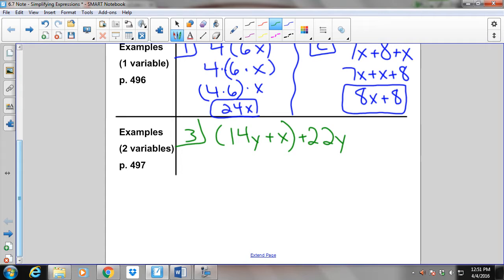Look at it. So we've got these 14y plus x, that's in parentheses here. It's an addition problem in the middle, and then we add it to this. So I know, because of the associative property, I can change the groupings of this because it's all addition. So let's do that first. We're not going to touch the order. We're just going to change the groupings.